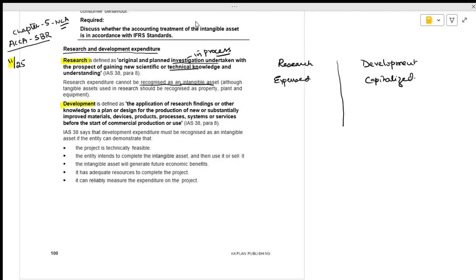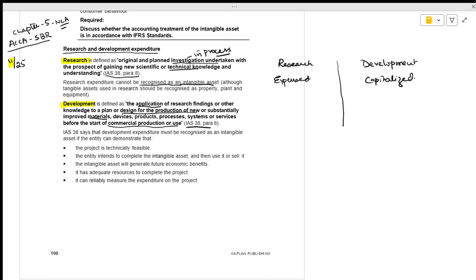Okay, development is defined as an application of research findings or knowledge, where we have got success and can progress further, to plan and design for the production of new or substantially improved materials, products or services before the start of commercial production or use. This is with respect to IAS 38 paragraph 8. Okay, there is a clear difference between research and development.